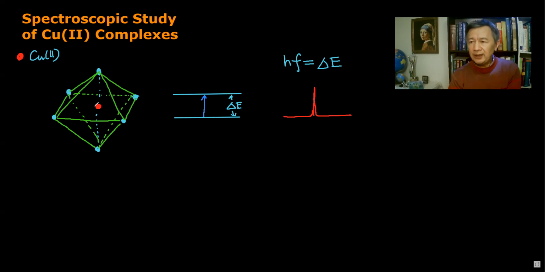Now, if I change the molecular structure slightly by shifting the 2 vertical atoms slightly away from the metal ion, what would happen? But first, we have to make sure that the 4 atoms in the plane are not changed. The positions of these 4 in-plane atoms are fixed. So this is the vertical direction.